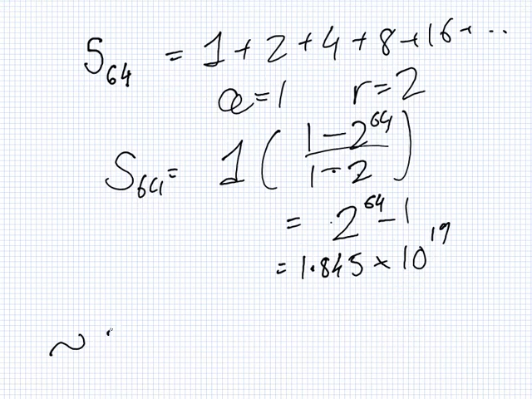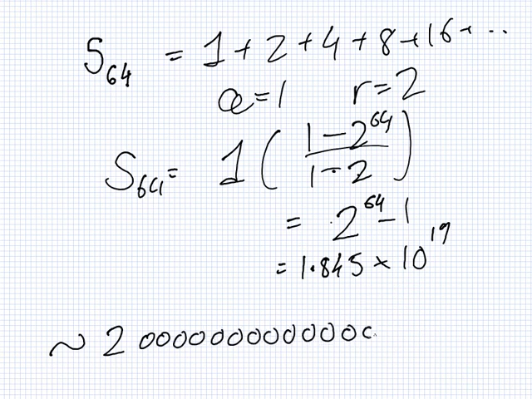That's about 2, 1, 2, 3, 4, 5, 6, 7, 8, 9, 10, 11, 12, 13, 14, 15, 16, 17, 18, 19. I don't know what this is called. 1,000, million, billion, trillion. Hang on, I'm counting. Right.